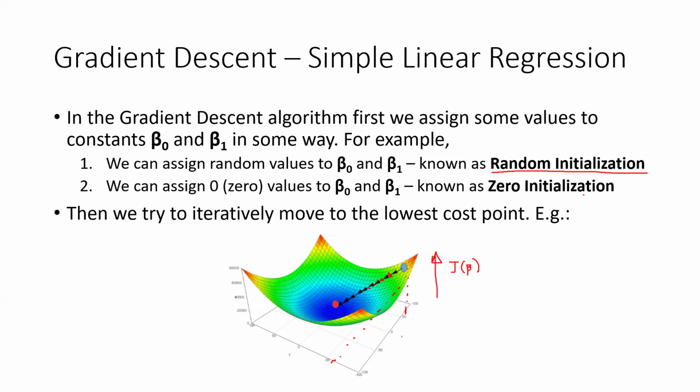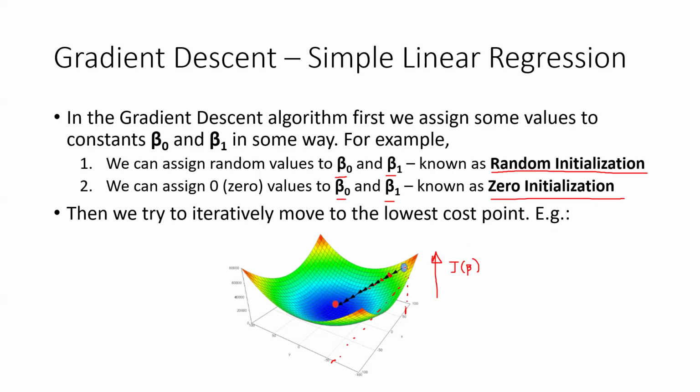Or you can start from zero initialization. But in this case, because this is a special graph, if you take the zero initialization, this is the solution, right? So don't think about that, the solution may be anywhere. You can take zero as the initial values for beta 0 and beta 1 in the zero initialization, right? Or you can use random values like 3.58 for beta 0 and 8.6 for beta 1 and so on, which is known as random initialization. Or you can set beta 0 equals 0 and beta 1 equals 0, which is known as zero initialization, right?